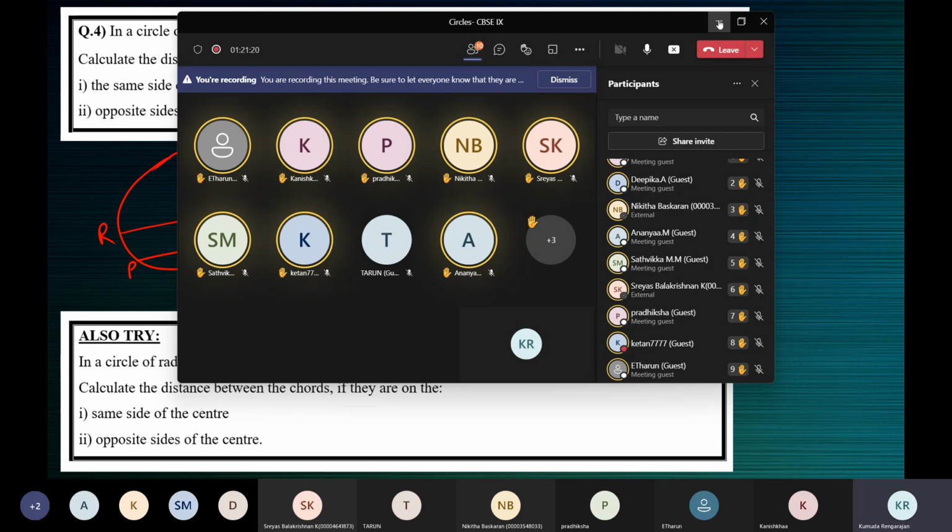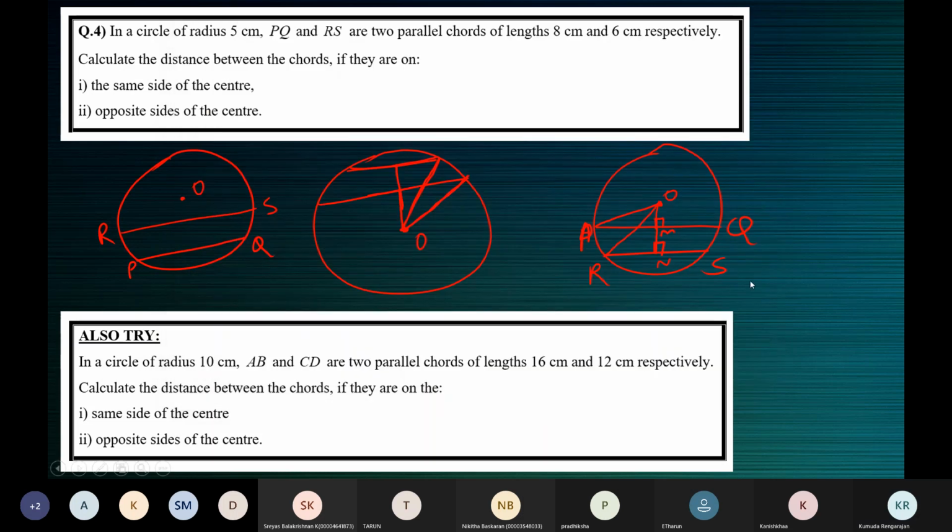Nobody has an answer? Nikita? My question is very simple. How will you describe the line segment OM? Altitude. No.